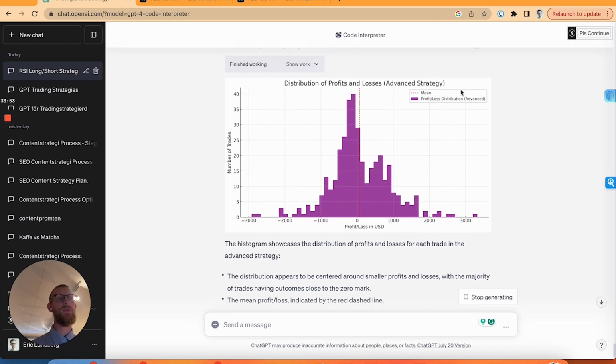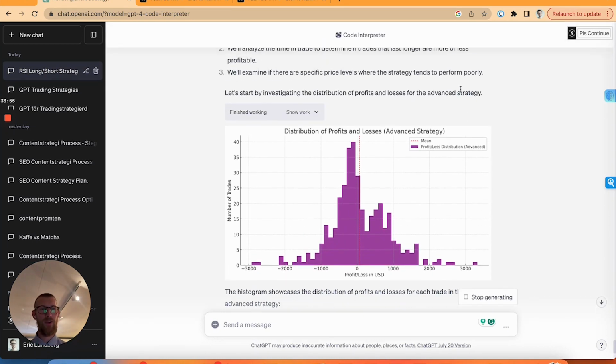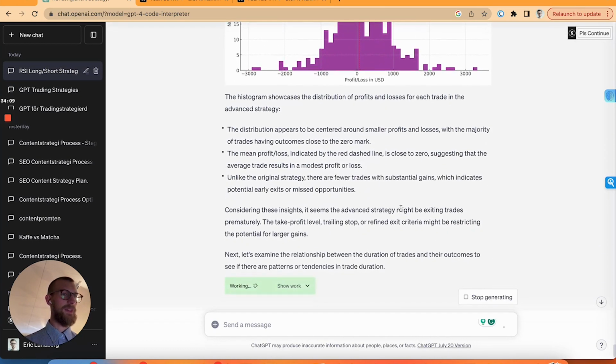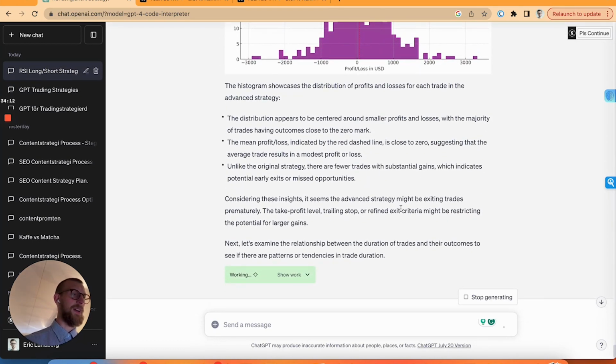So this is quite interesting though, because before, the distribution of profits and losses was all crammed up in the middle next to zero. And now it had an idea of spreading it out, and it actually succeeded with that. So it did succeed in more profitable trades, but not in increasing the net profit.